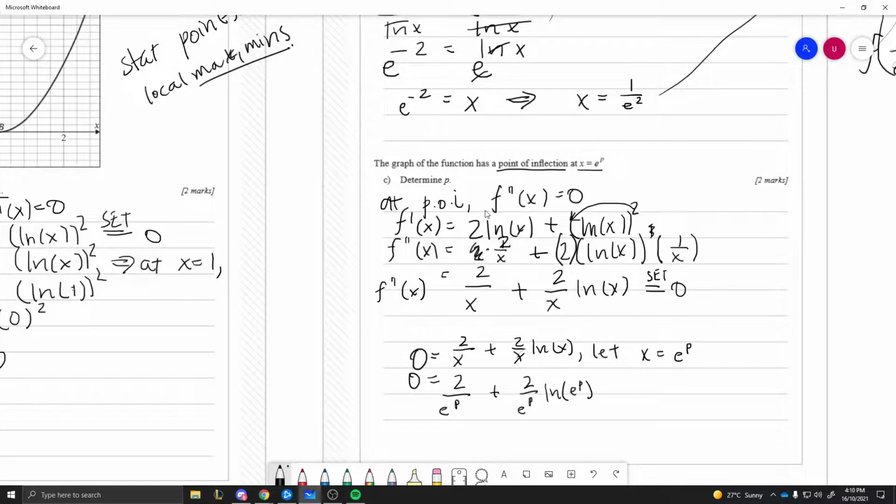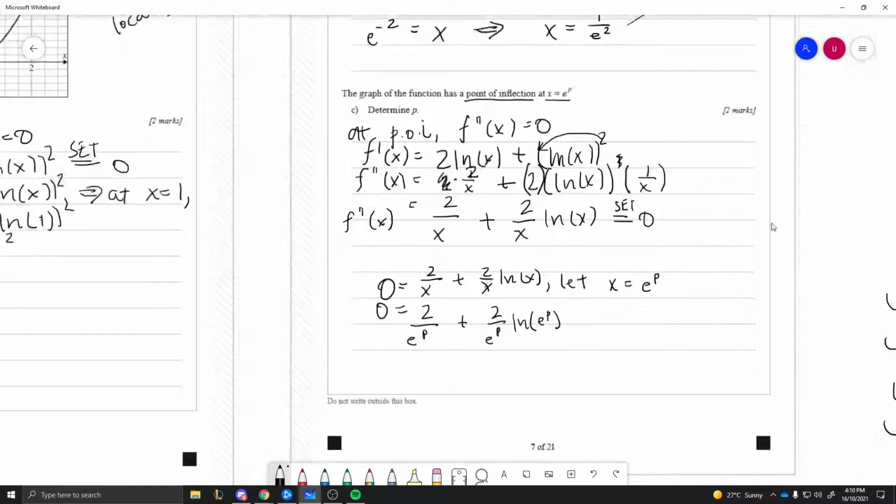Now one thing you can do, because it has 2 over e to the p in both terms, is take that out and put it at the front. So 2 over e to the p, and then in brackets there's just 1 here, because you've taken this out. If you went back up, 2 over e to the p times 1 would equal that. Then plus, you can take this out as well, and it will just equal ln of e to the p.